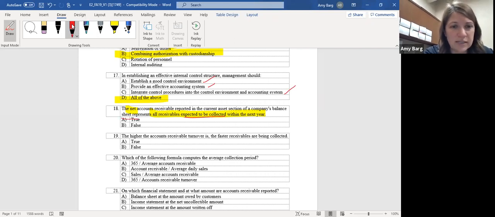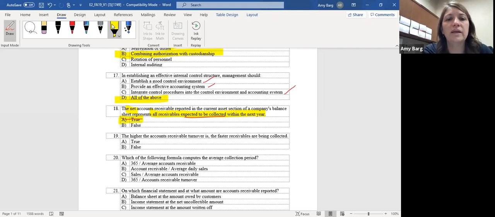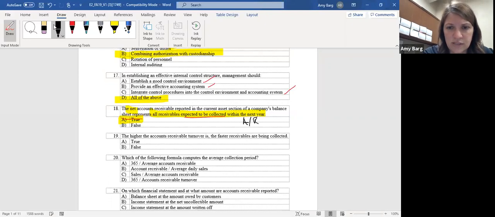The net receivables is what we expect to collect. The actual accounts receivable has stuff in it that we might not collect, and that's why the allowance for doubtful accounts subtracts it. The net receivables, we have the accounts receivable and we have the ADA, and when we subtract the two, that's when we get the net.